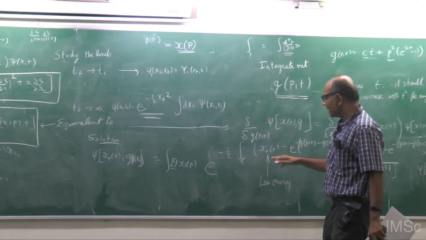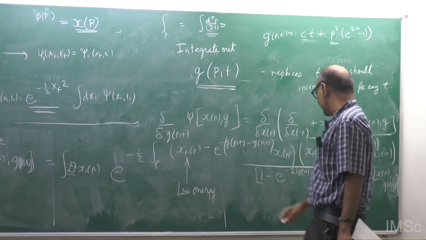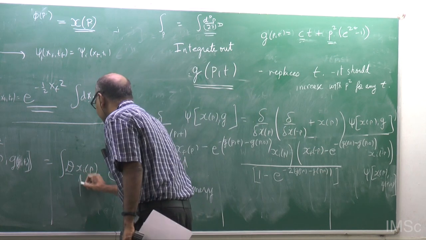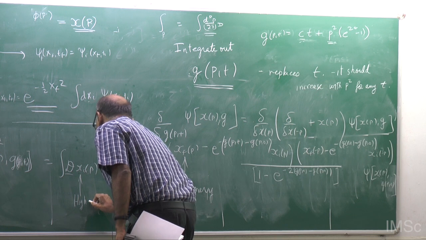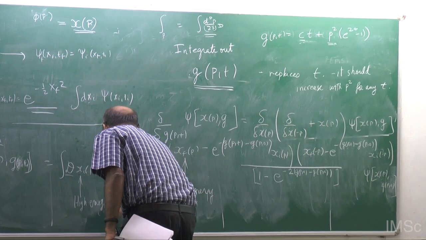low energy, this is the field variable in the low energy action, and xi are the field variables in the high energy action. So I'll just call it high energy variables or high energy action.